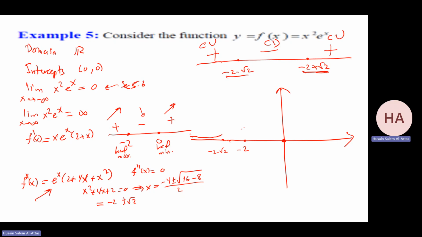Then it will concave down, but increasing still until here. Then it's decreasing and concave down. Still decreasing and concave down until here, then it will concave up and increase. Something like that.